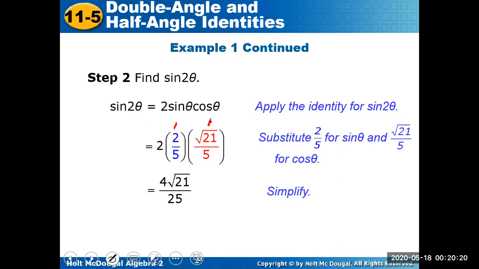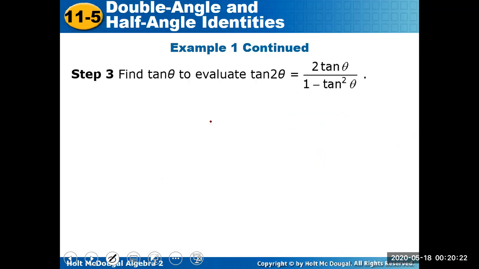The next part is finding tan 2 theta. So I have the values of both sine and cosine, so I can easily find the value of tan. We know that tan theta is sine theta over cosine theta.